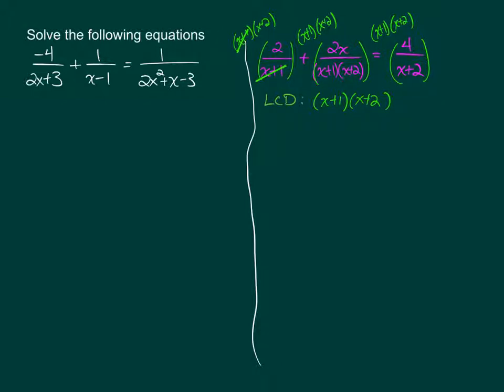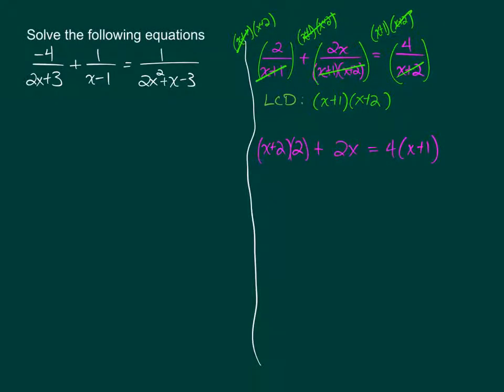The x minus 1 times x minus 2 here will reduce with those. And in this last term, the x plus 2's will cancel out, leaving you with x plus 2 times 2 plus 2x equals 4 times x plus 1.